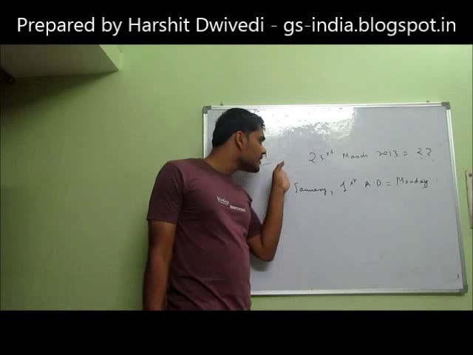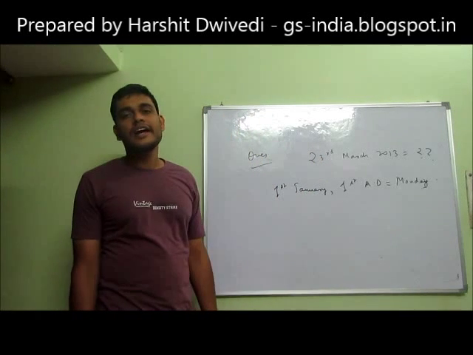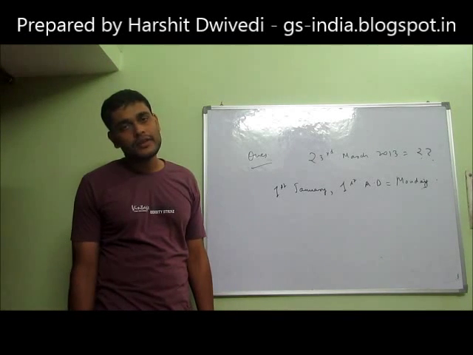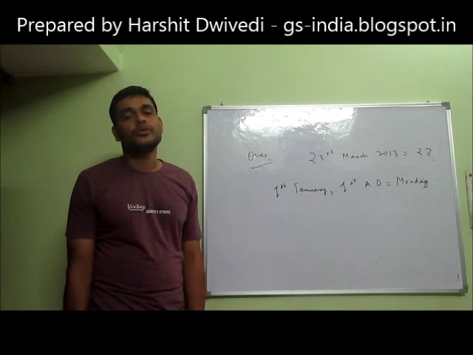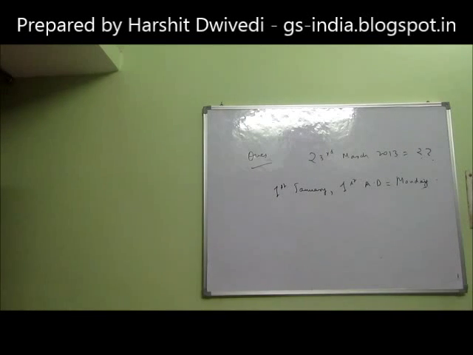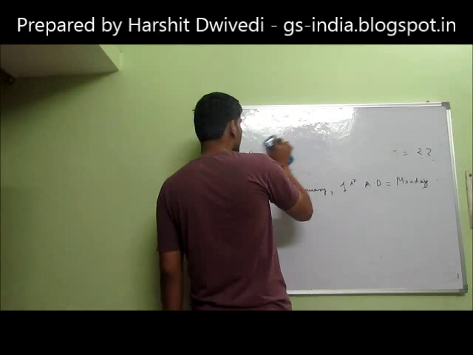Now calculating 23rd March 2013 is a bit further along. You have to first understand the concept of odd days in terms of centuries. This is our objective here. Now we have to deal in centuries. So for the time being I am rubbing out this question, because at this point it cannot be answered.